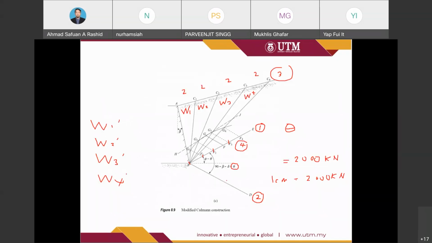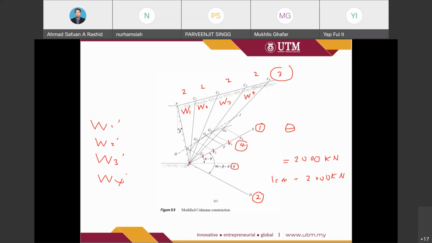Then the next step is to draw G1, G2, G3, and G4. So how to draw this diagram? We may use the BD line as the guidance.